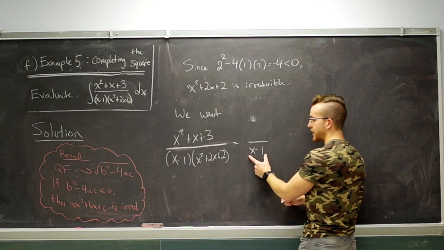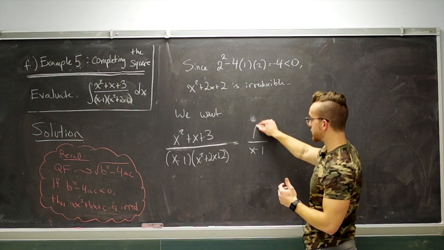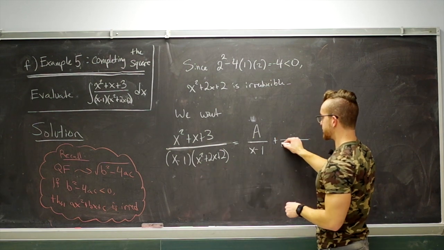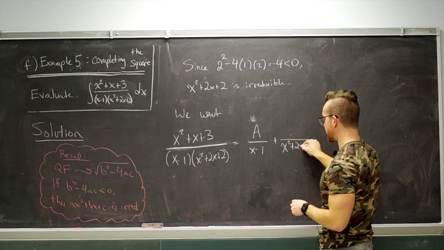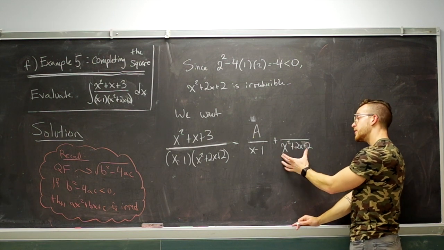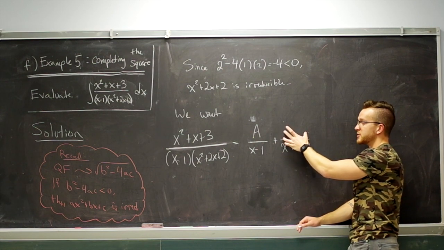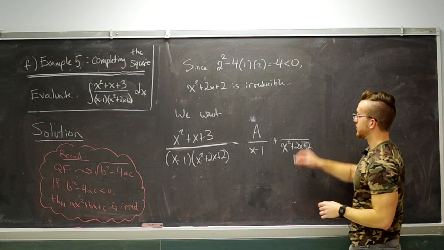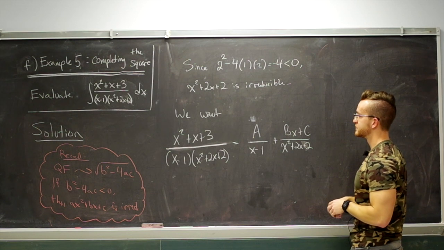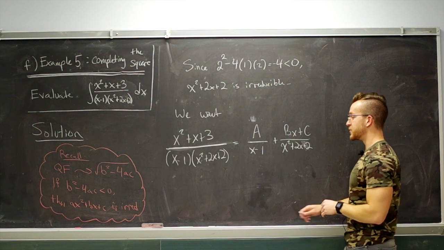The degree of the factor here is 1, so the expression on top is going to be a constant, which I'll just put a, plus this factor we just determined is irreducible. So we'll leave it there. What goes on top? The degree of the factor here is 2, so the expression that goes in the numerator needs to be a degree 1 expression, which is going to look like bx plus c. There's our decomposition. Now we have to figure out a, b, and c.